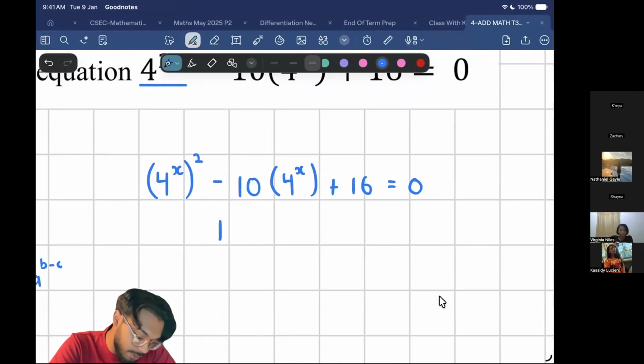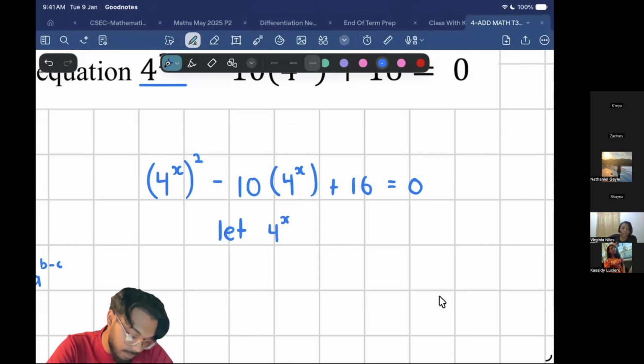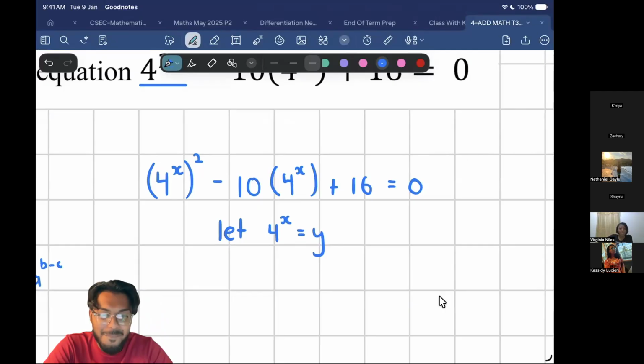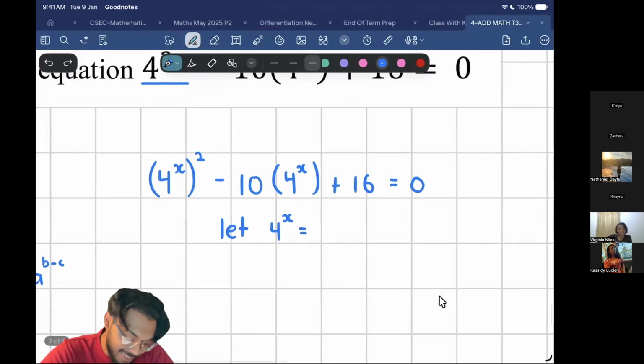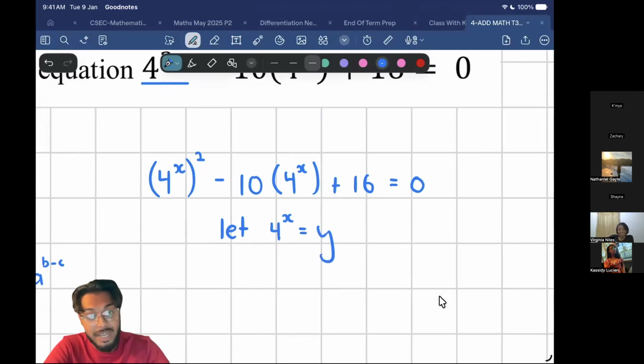So you could say let 4 to the power x be equal to what? What do you want to call it? Why? That's what my teacher does. You could let it be equal to any letter, by the way. We're not letter shaming here. The only letter you can't use is x.